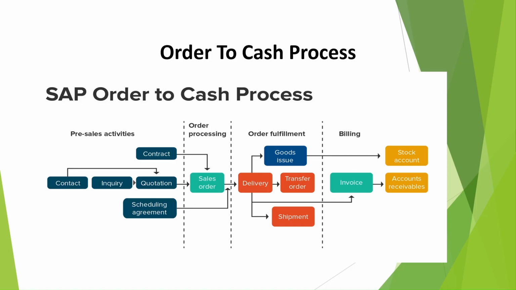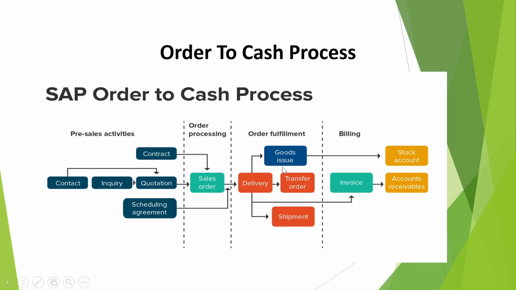Now let's understand the full process like a story. The customer contacts the company. First we'll see pre-sales activity. The customer contacts the company, raises an inquiry, and the company gives you a quotation. An agreement may happen. Then the sales order is created in the order processing stage.